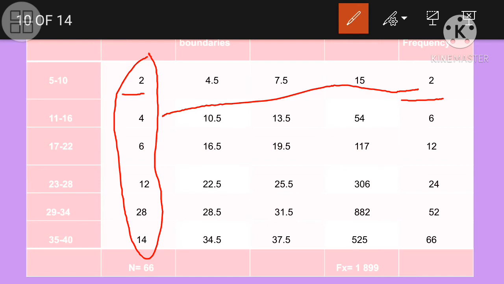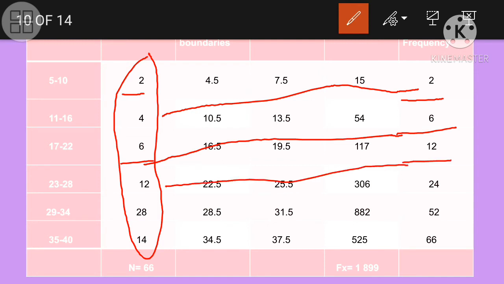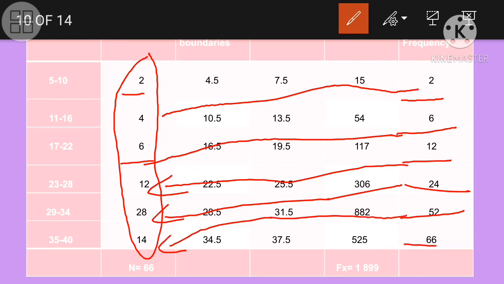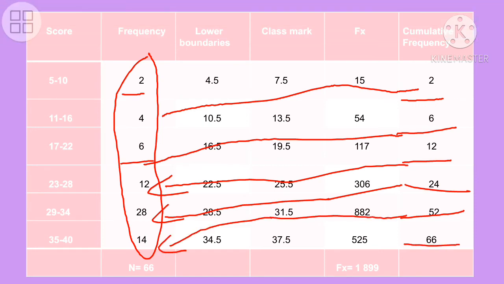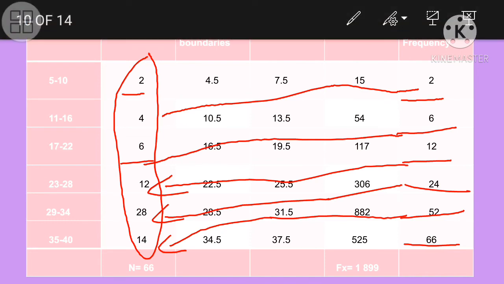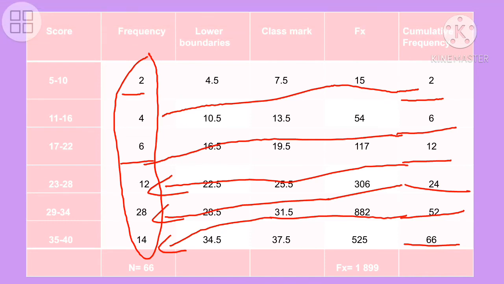So 4 plus 2 is equal to 6. 6 plus 6, we just need to add it. 6 plus 6 is equal to 12. 12 plus 12 is equal to 24. 24 plus 28 is equal to 52. 52 plus 14 is equal to 66. This is how you get cumulative frequency. So now we are done on computing the frequency distribution table.